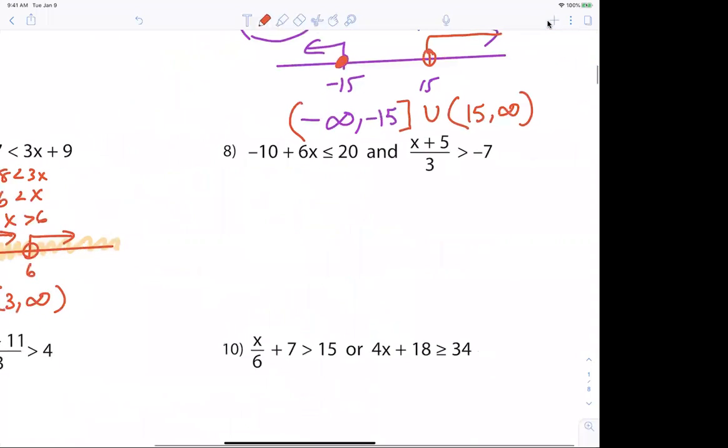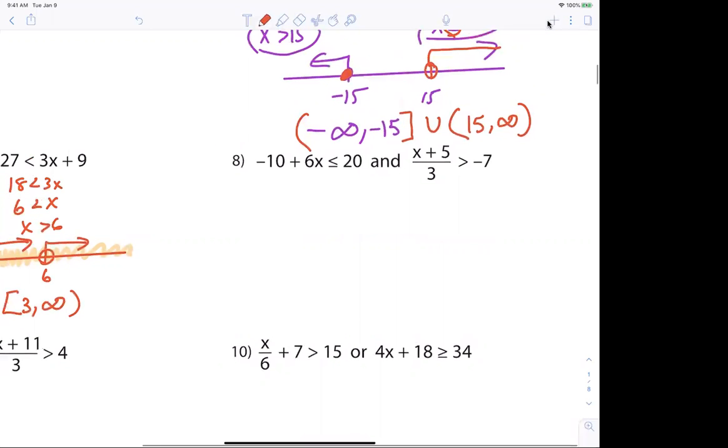All right, let's look at 8. 6x is less than or equal to 30, so x is less than or equal to 5. x plus 5 is greater than negative 21, so x is greater than negative 26.